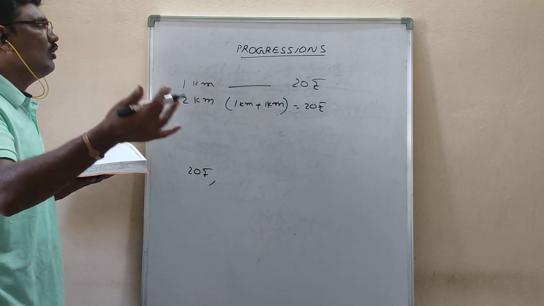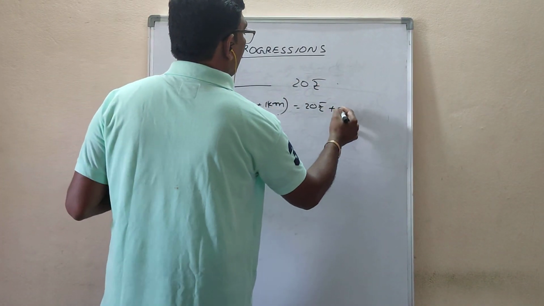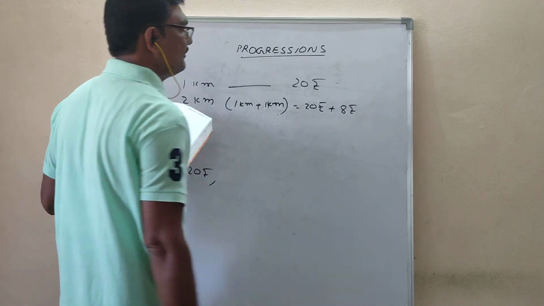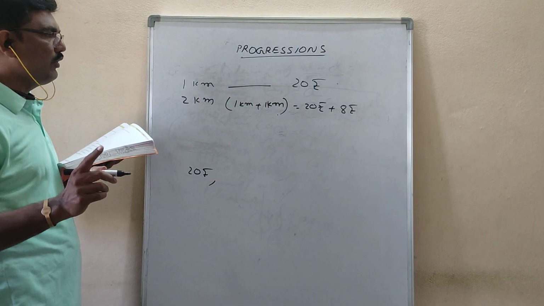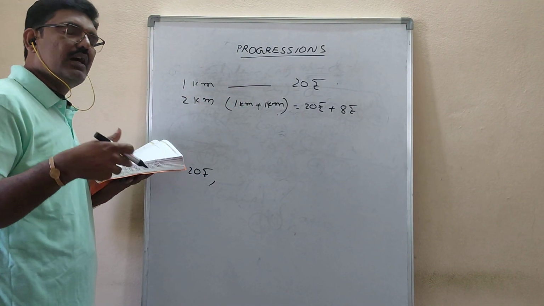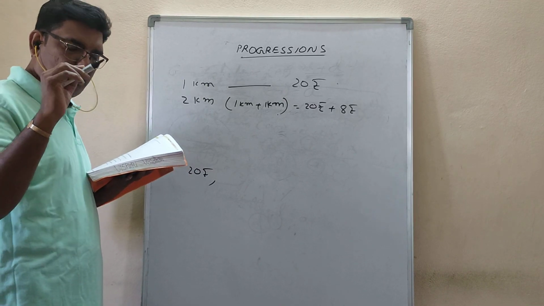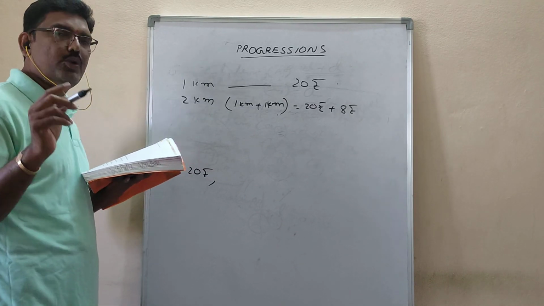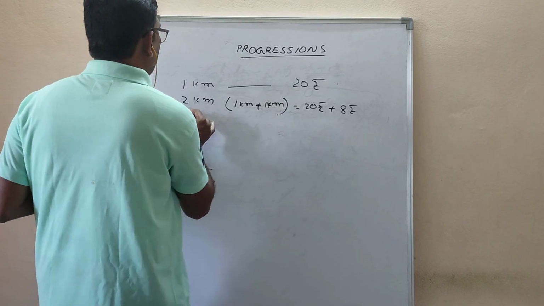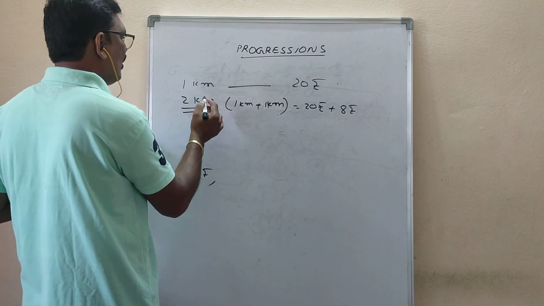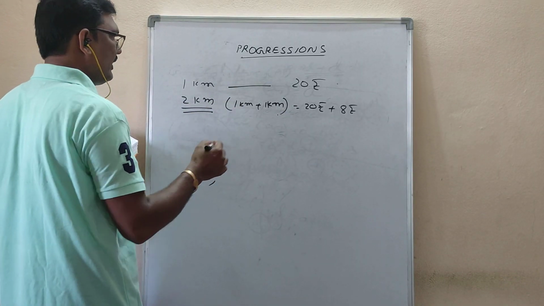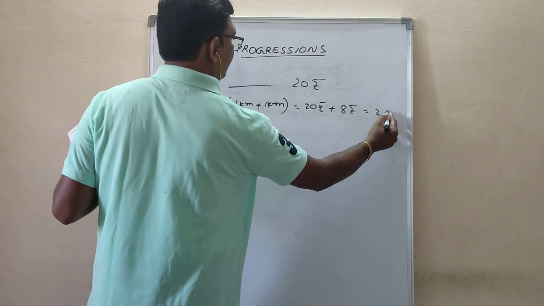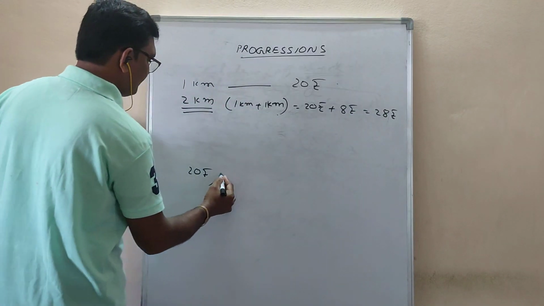For additional kilometers, you have to pay 8 rupees only. For the first kilometer only 20 rupees. Next onwards, for each kilometer you have to pay 8 rupees only. So if a person travels 2 kilometers in the taxi, he has to pay 28 rupees.